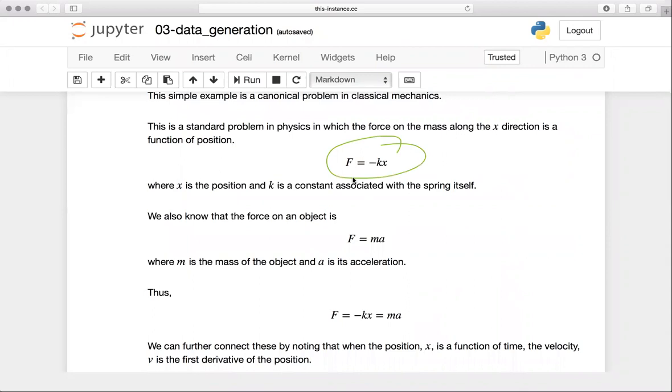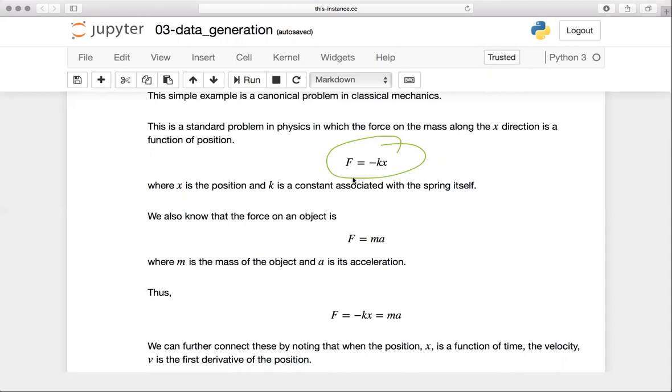The force on a mass on the end of a spring is going to vary based on where the mass is in relation to the spring. If you squeeze the mass towards the fixed position of the spring, there will be force exerted outward, pushing the mass back. And if you pull the mass away, there will be a force pulling it back. That's what's interesting about a spring. It's going to oscillate around some static position.